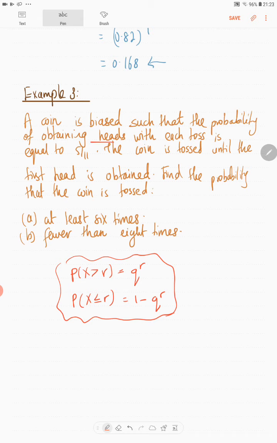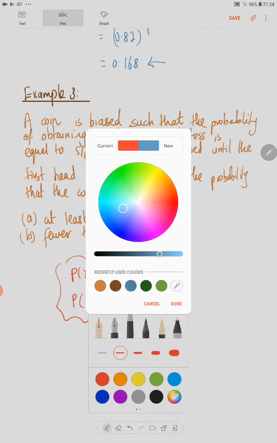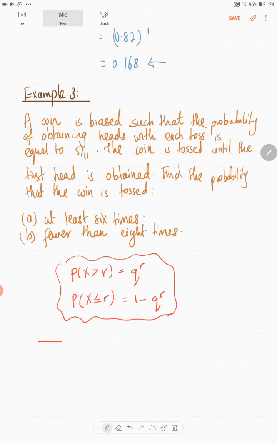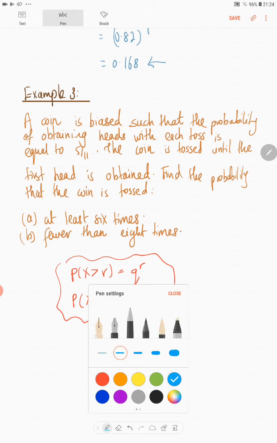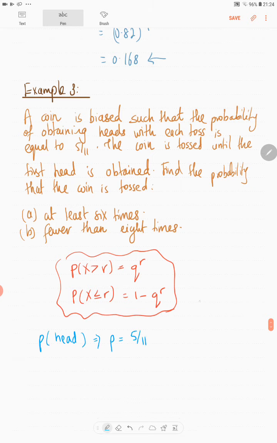So here we have a biased coin. That is why the probability of obtaining head is not half. It is given as being equal to 5/11. So the probability of obtaining head, which is P, we will write P is equal to 5/11.